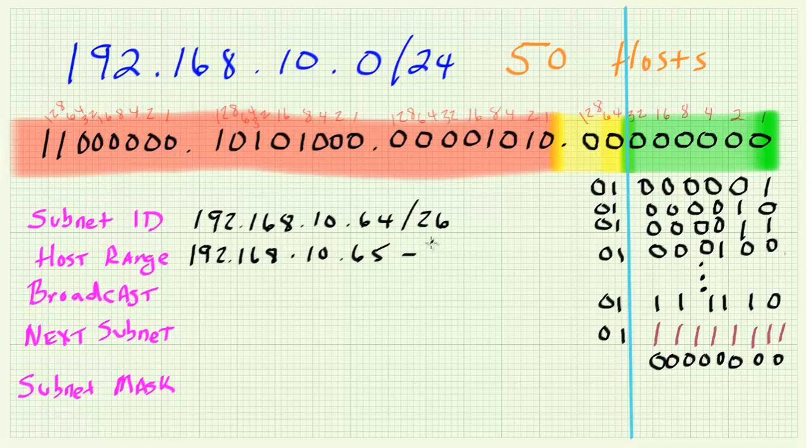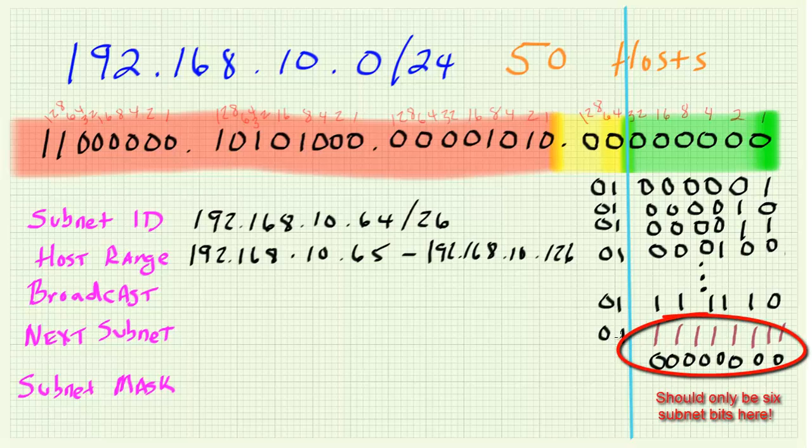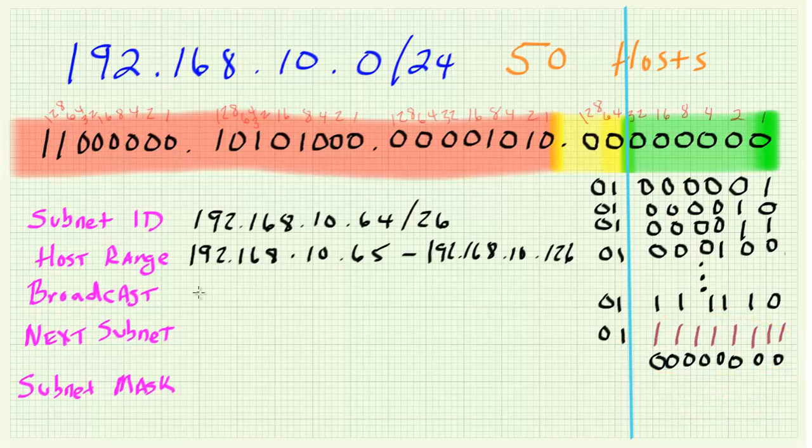So our last host, 192.168.10.126. And what's the broadcast? That's simply the situation where all of the host bits are set to 1. We've got to consider our subnet bits. So if we take 64, 32, 16, 8, 4, 2, and 1, and add all that together, here's our broadcast for this subnet is 192.168.10.127.